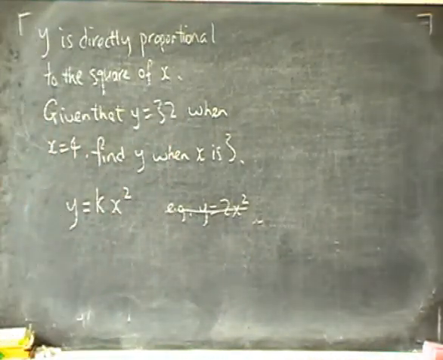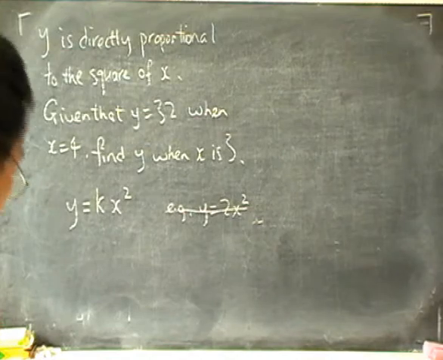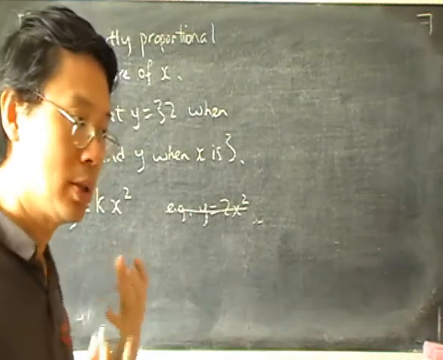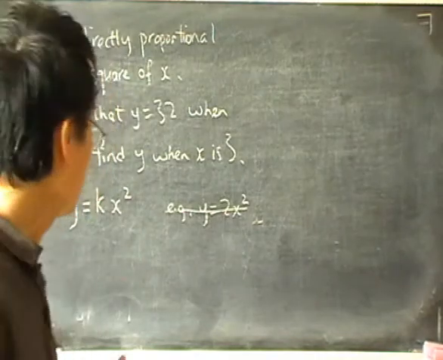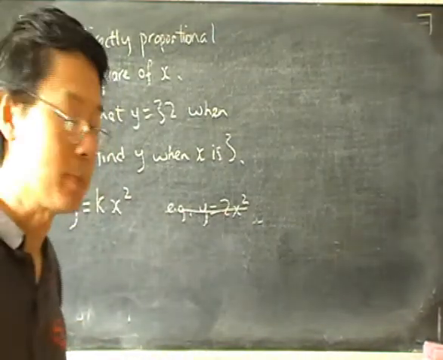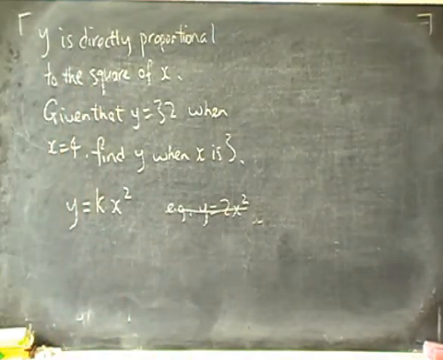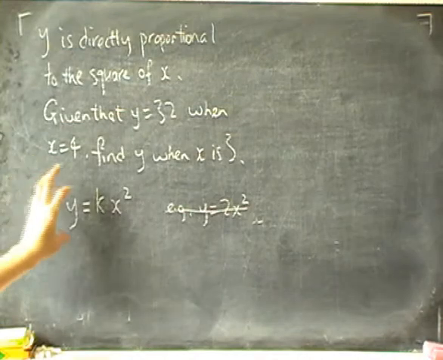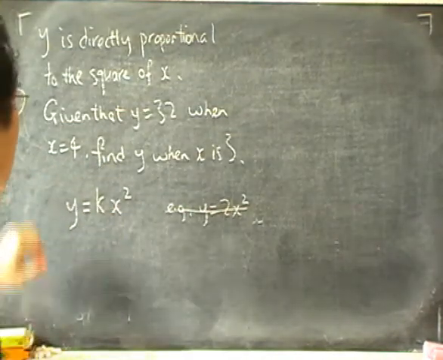And in a question like this, usually one of the things to do would be to find k. So that's our equation. We can think of that as our starting equation.